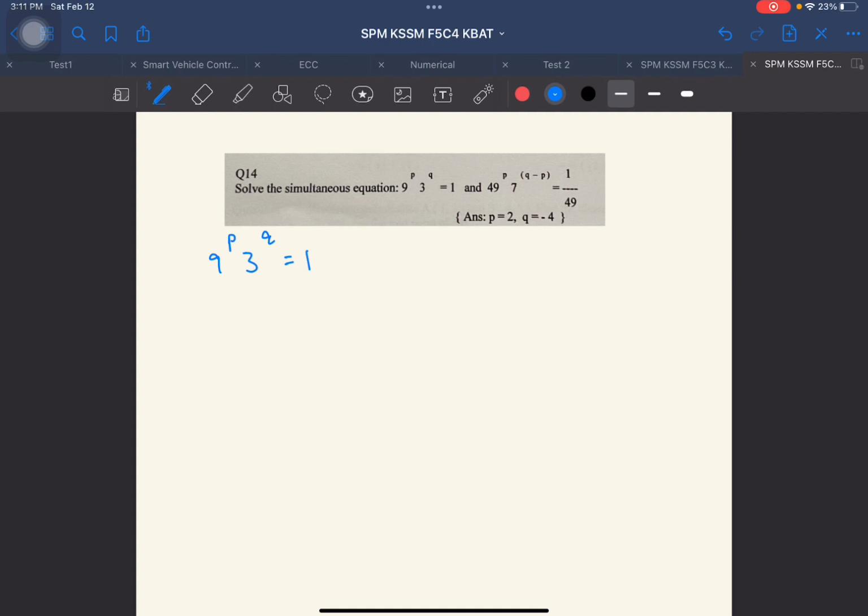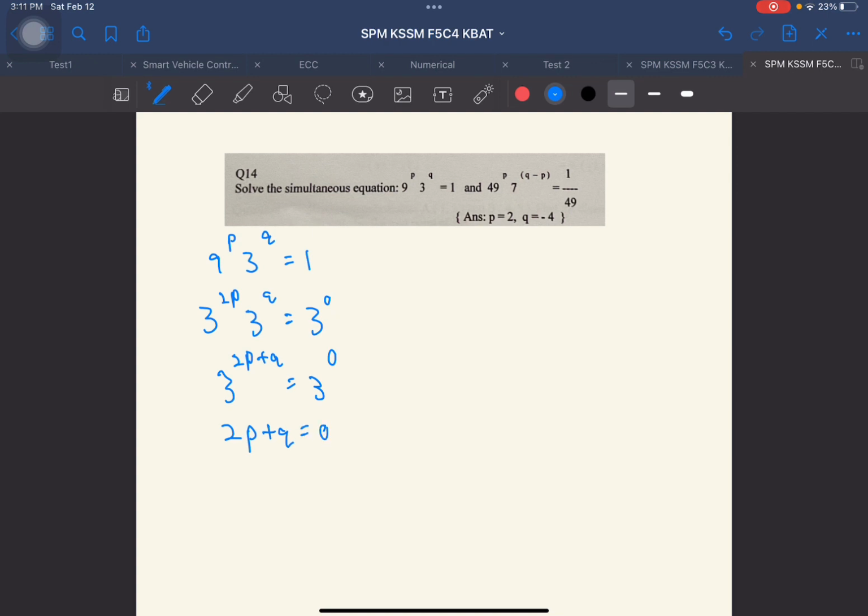So now 9 is 3 power 2, so this 9p 3q equals to 1, you can make it to 3 power 2p times 3 power q equals to, what is 1? 3 power 0. So you know that 2p plus q equals to 0 by comparing it.